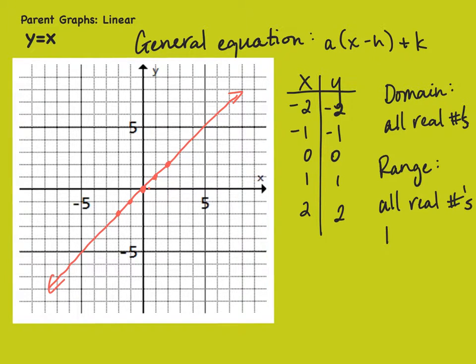Just an FYI, that can be noted by that little symbol right there. It's like an R with an extra line on it, in case you haven't seen that before. Is there anything else I want you to know? General equation, domain, range, table, graph. Oh, then list if there are any asymptotes. This one has no asymptotes. And those are the things I want you to write on all of those graphs.